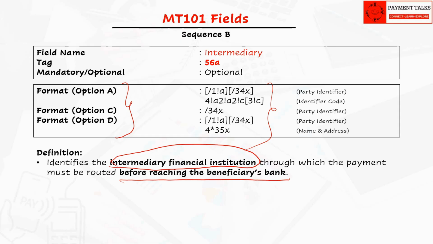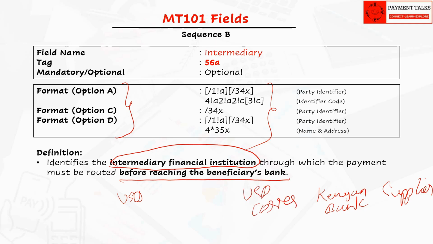While onboarding the supplier, the Kenyan local bank will provide the correspondent details to the supplier for each currency that they expect to receive the payments in. Now, when the supplier raises an invoice, they provide their bank details of the local Kenyan bank along with the correspondent details that are provided by their bank for the particular currency of payment.